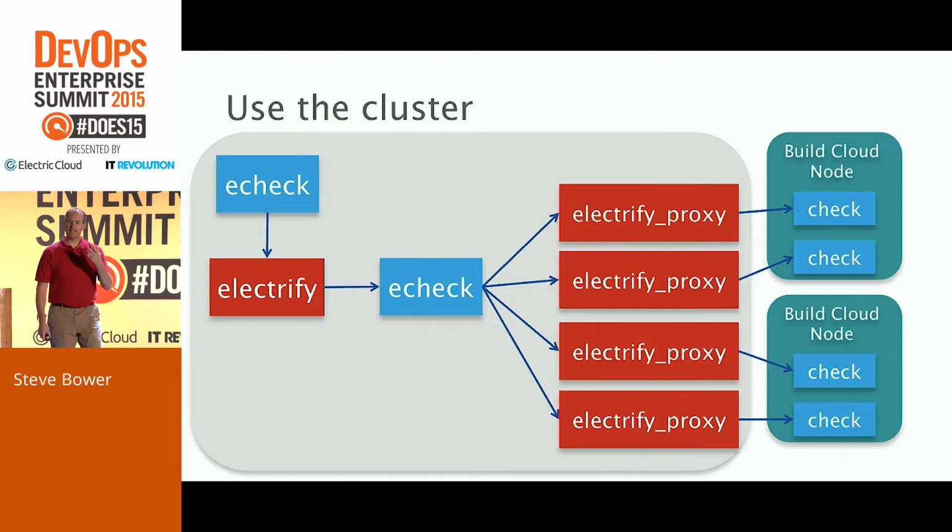And so this got an instance of echeck running under Electrify such that it could then perform the parallelization out to the build cluster. So it was able to run Electrify proxy to tell it to run this check, and it would send those jobs out to the cluster.